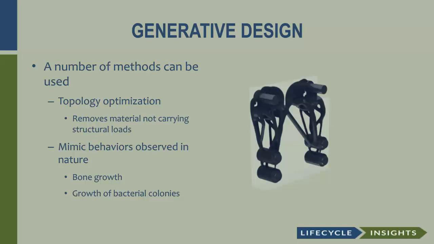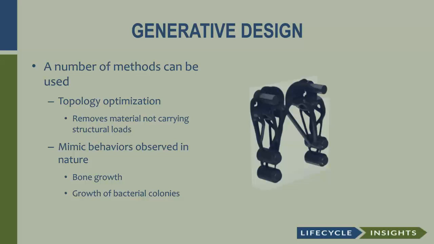However, there are other methods being explored, and it's early, but they're looking at the ways that nature kind of tries to achieve these same types of things. For example, if you look at the structure of bone, there are small cavities throughout bones, and through evolution, we have found the right balance between weight and carrying a structural load. Same sort of thing actually with the growth of bacterial colonies.